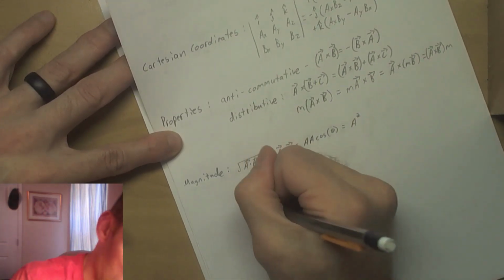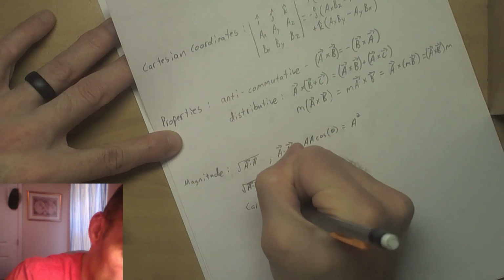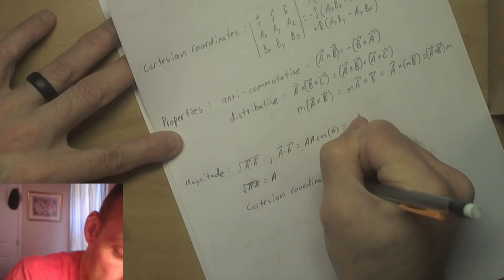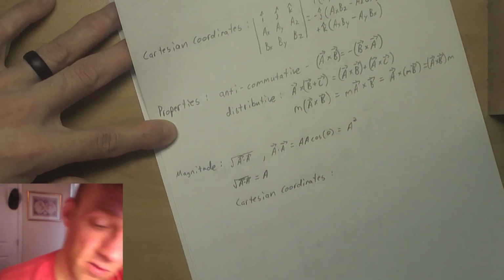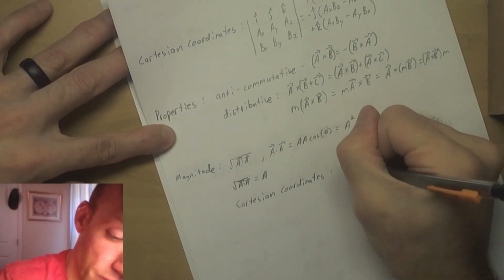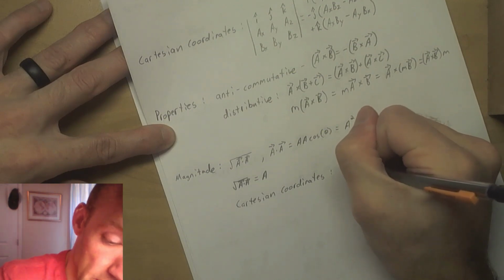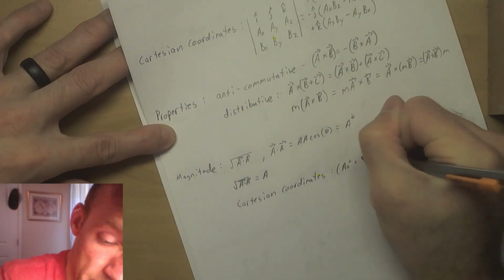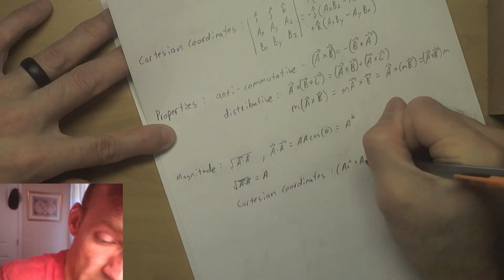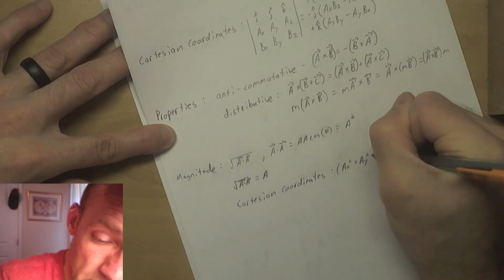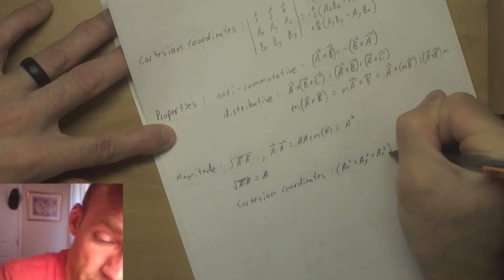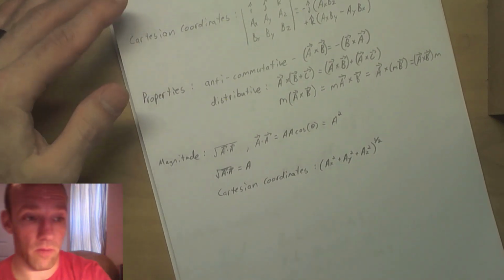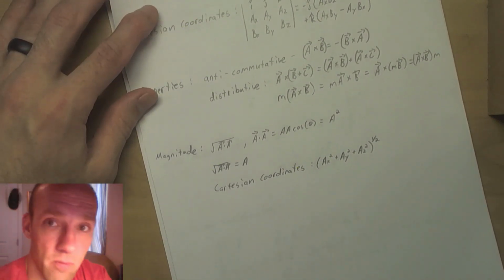All right. In Cartesian coordinates, this just comes out to be the square root of the sum of the squares of the individual coordinates.